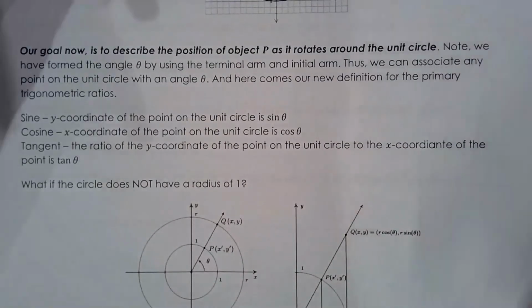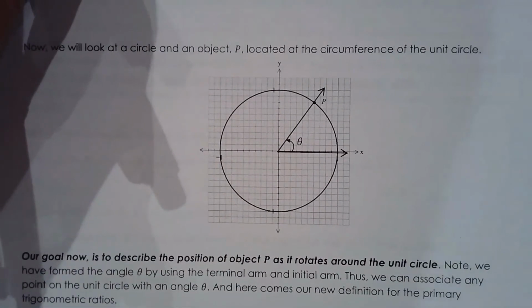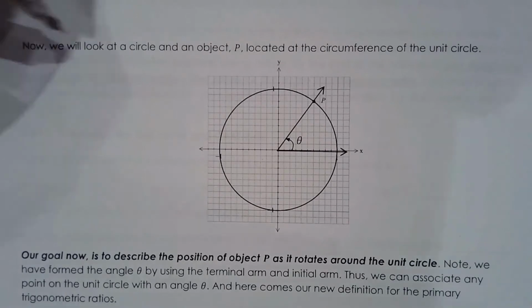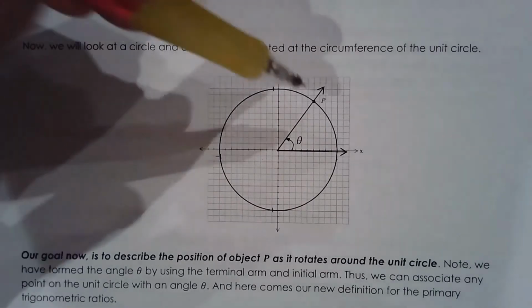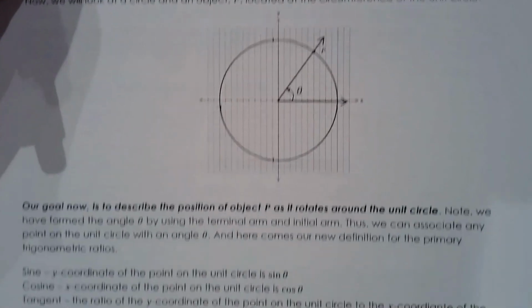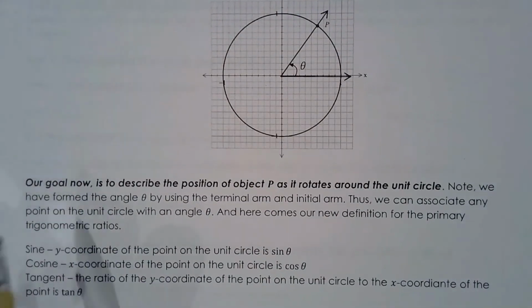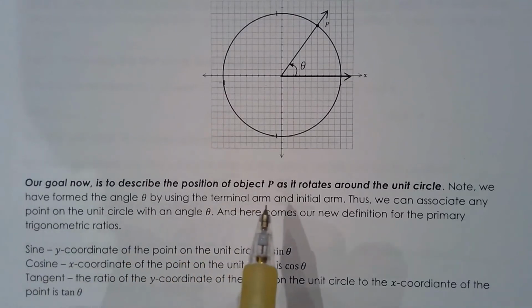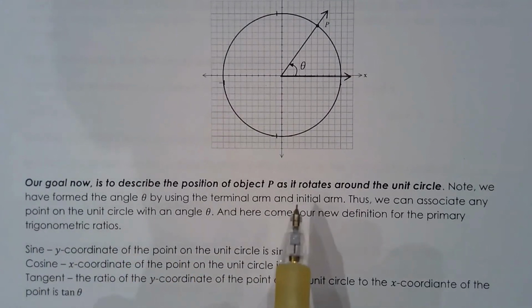So let's take a look at the unit circle. I have a point P on the circumference of the unit circle. It looks like a pretty simple idea. Our goal is to describe the position of P as it rotates around the unit circle.